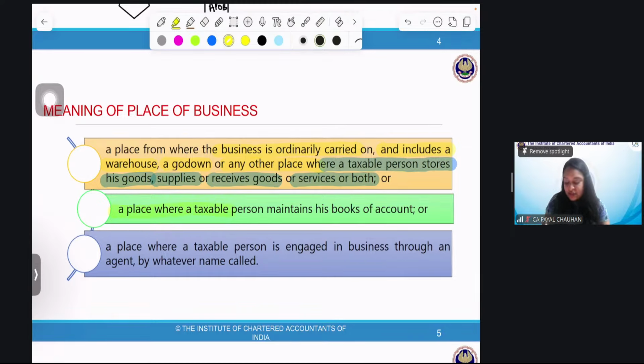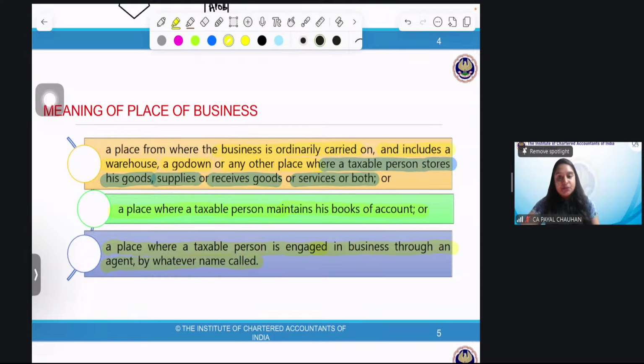Then, a place where a taxable person maintains his books of account. See, you've got the difference between the two. In the first case, we maintained the stock, and in the other case, we maintained the books of accounts. Very good, Mustafa. And a place where a taxable person is engaged in the business through an agent, by whatever name called.